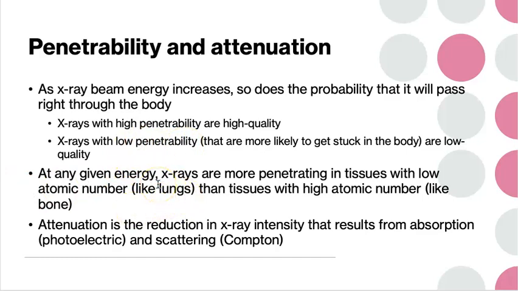Now, no matter what, at any given energy, high or low, X-rays are more penetrating in tissues with low atomic number, like lungs that have those really small hydrogen or oxygen atoms, than tissues with high atomic number, like bone, which has calcium atoms in there. So no matter what, with energy, we usually get black where air is, and a little bit brighter absorption where bone is.